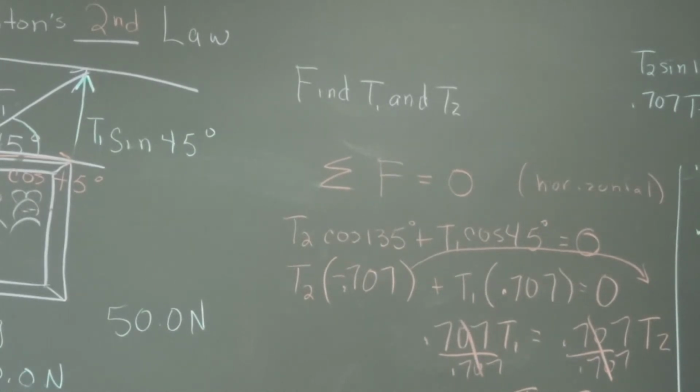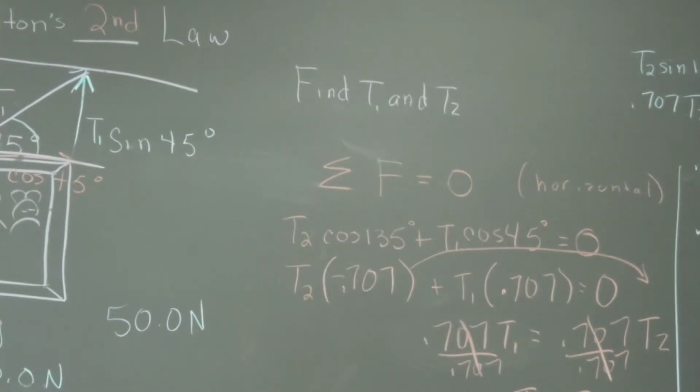Alex, now I need 0.707 plus 0.707. 1.414. When I add 0.707 T1s plus 0.707 T1, they are like terms now. I get 1.414 T1 equals 50.